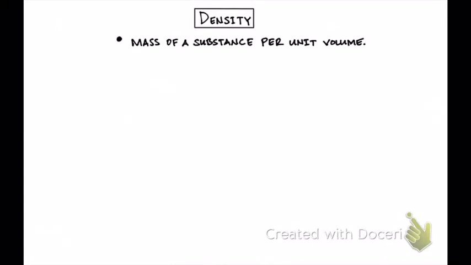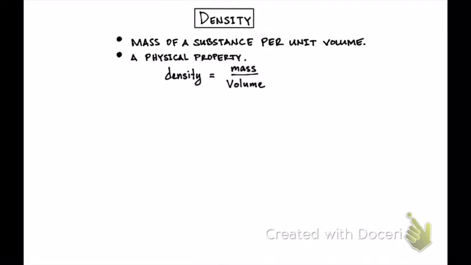So you can determine the density just by weighing the sample and knowing its volume. And so density is a physical property. And you can calculate this by dividing mass of the object by the volume of the object. So D is equal to mass divided by volume. So the symbol for density is D, symbol for mass is M, and symbol for volume is capital V.